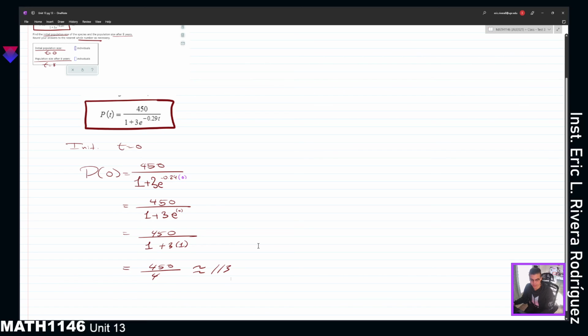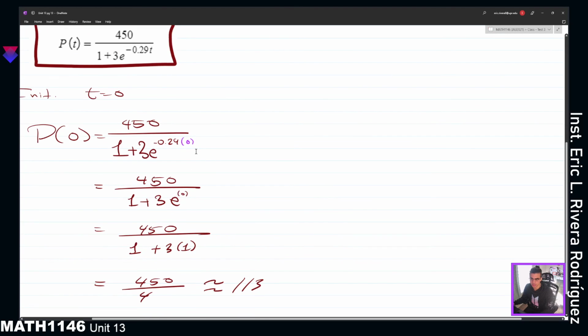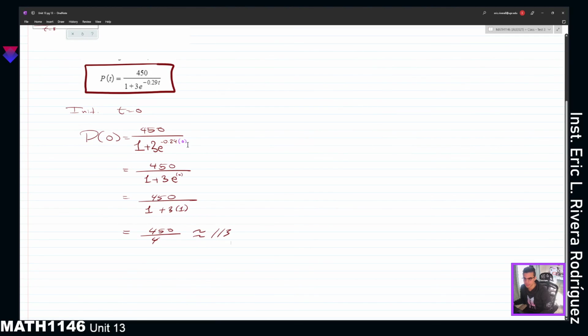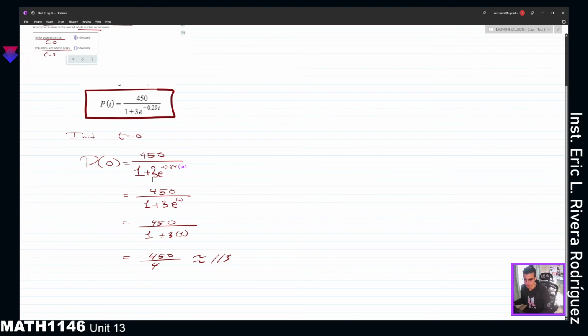And that's how you get the initial population size. For the population after 8 years, you will do the same, but the only thing is that instead of 0, you're going to substitute 8 into t. Okay, I'm not going to do that one because it's the same process. Just make sure that you do the evaluation on your calculator correctly.